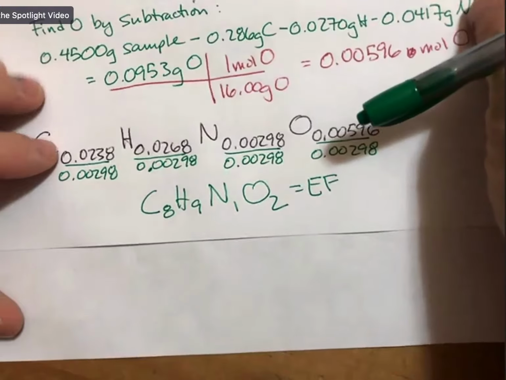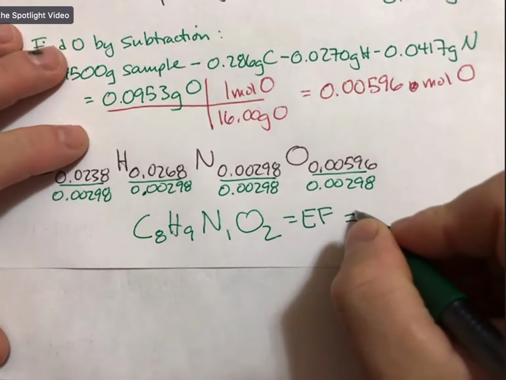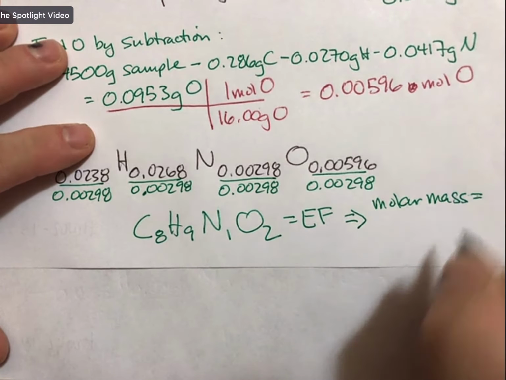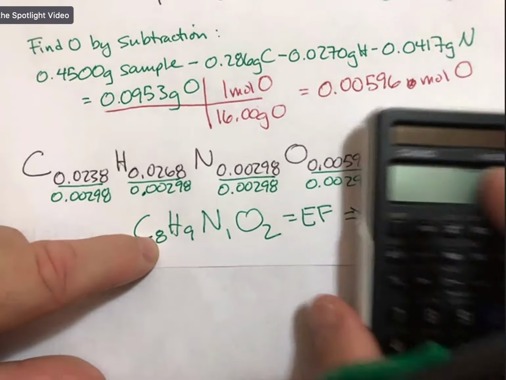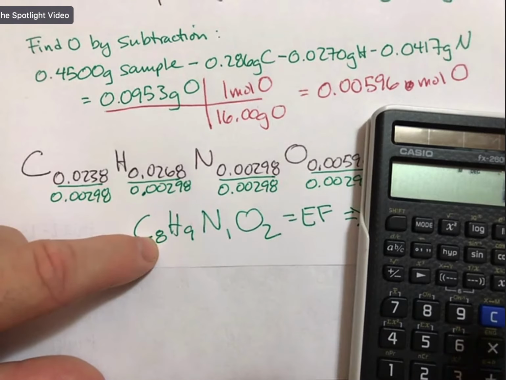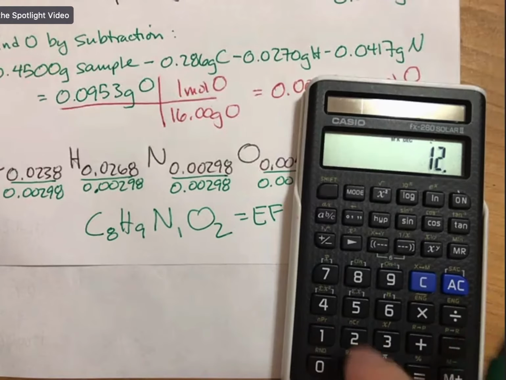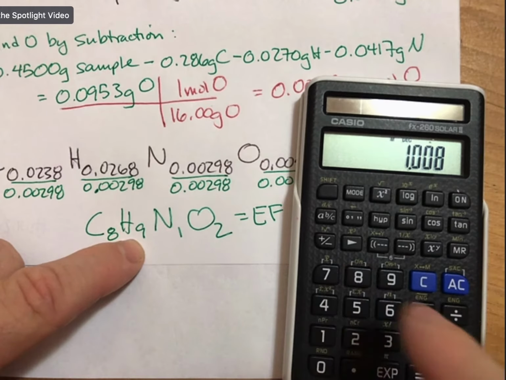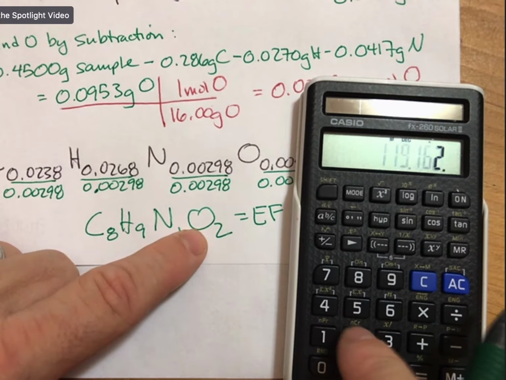Now the next question is, is it my molecular formula? Let's calculate the molar mass of the empirical formula. It's going to be 8 times the molar mass of carbon plus 9 times 1.008 plus 14.01 plus 2 times 16.